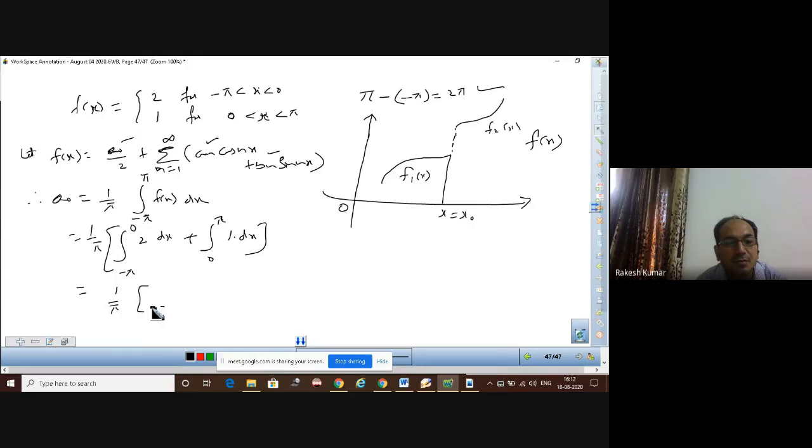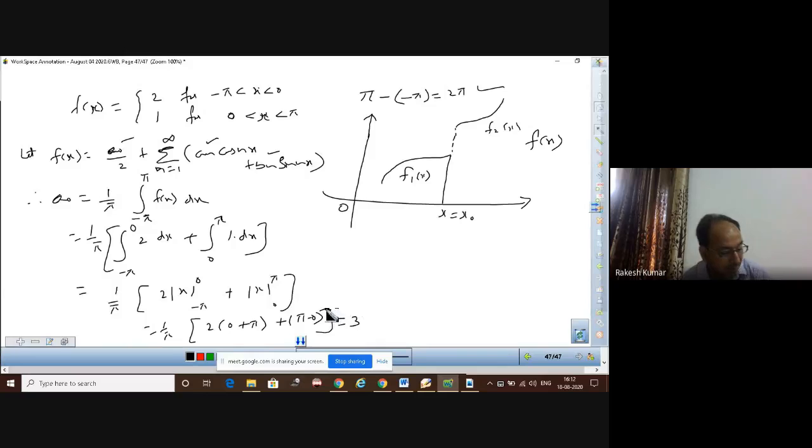This comes out to be 2, substituting the limits minus pi to 0, plus again the limits 0 to pi, all times 1 upon pi. This comes out to be 2 times pi plus pi, which is 3 pi, and pi cancels with pi. So ultimately the value of a naught comes out to be 3.